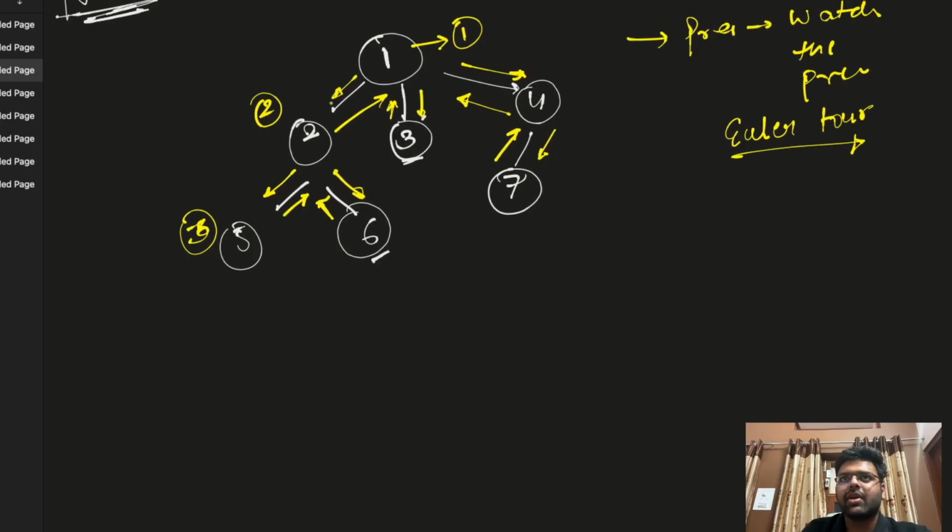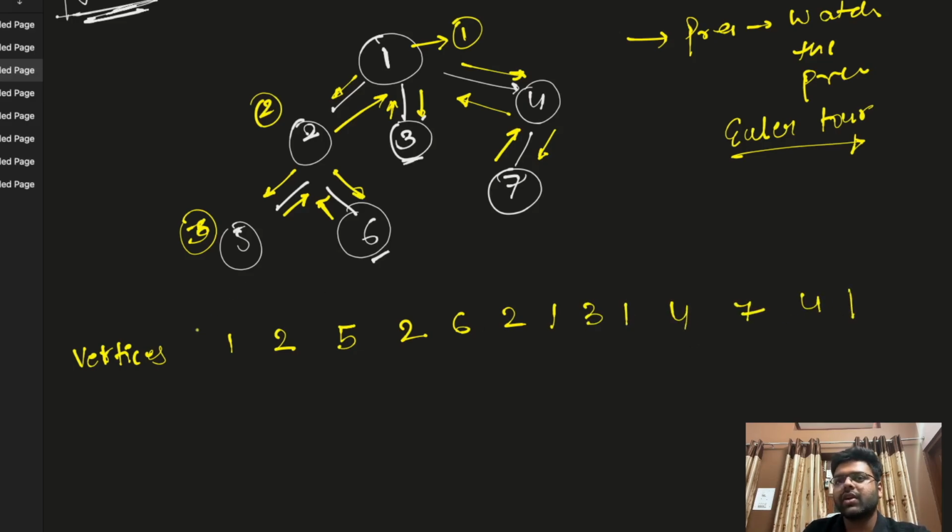So let's make a table out of it. Let's store the vertices. The vertices would be something like 1, 2, 5, 2, 6, 2, 1, 3, 1, 4, 7, 4 and 1. This is how your vertices would be.